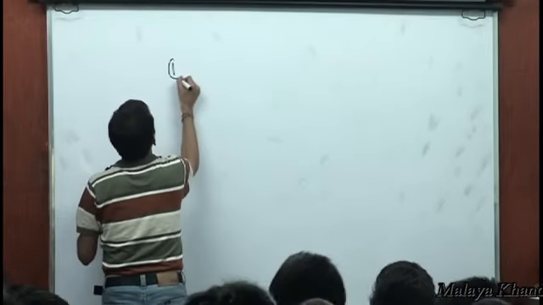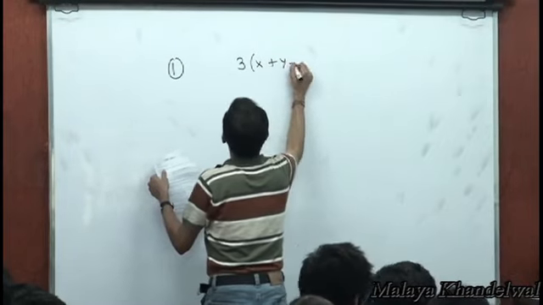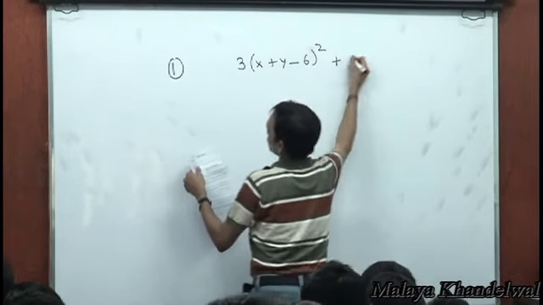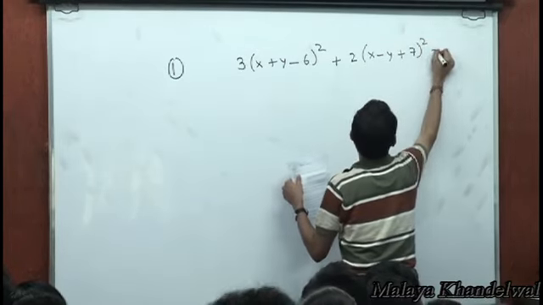Problem 1, which is about 3 into (x plus y minus 6) whole squared plus 2 into (x minus y plus 7) whole squared equal to 12.